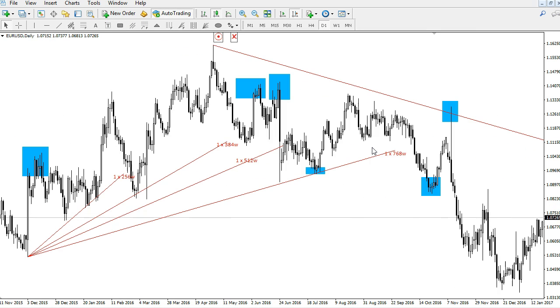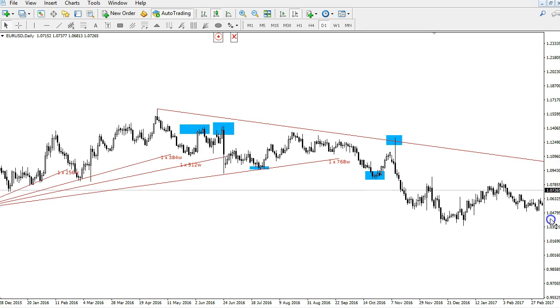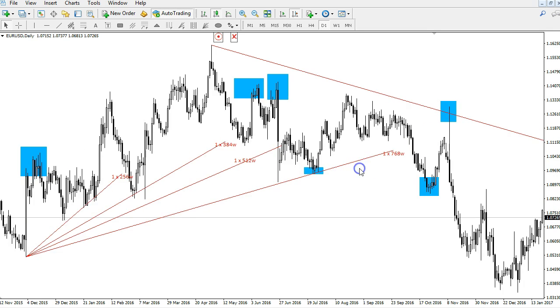So by understanding the concept of Gann angles and how you use it, you avoid having the scale problem. Once we move the chart scale here, you can see that the angles remain in the same position. There is no change of the location at all.